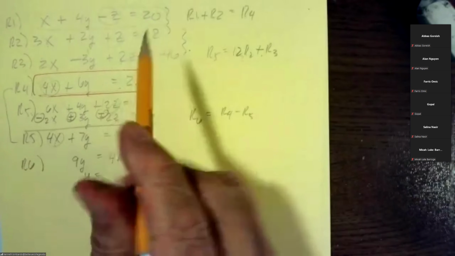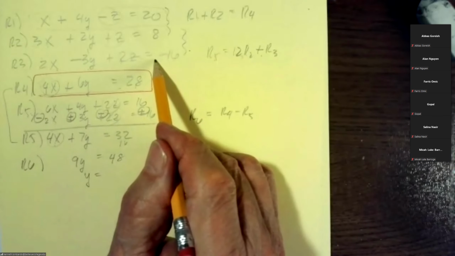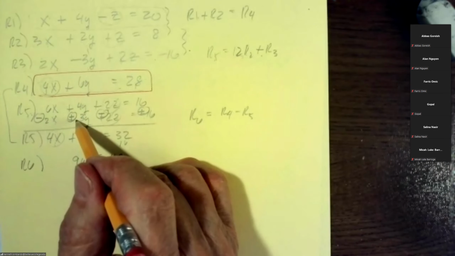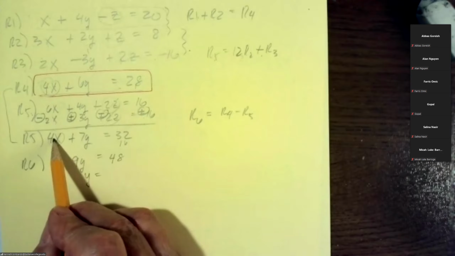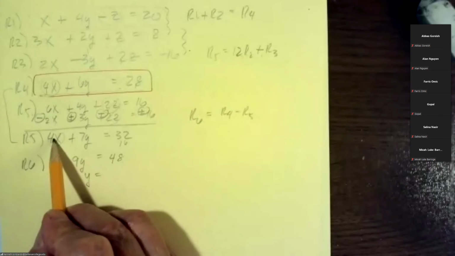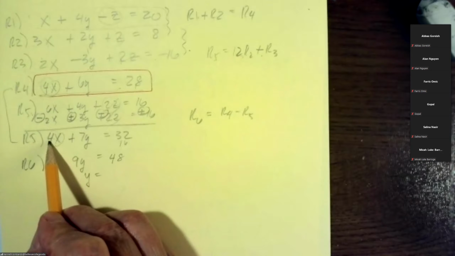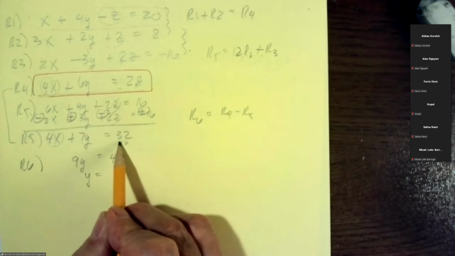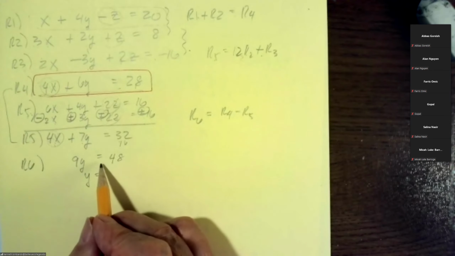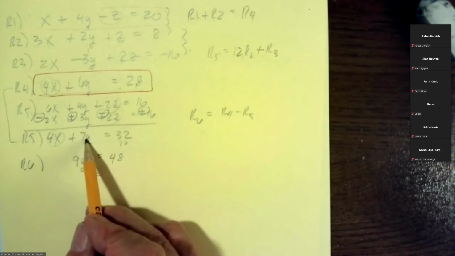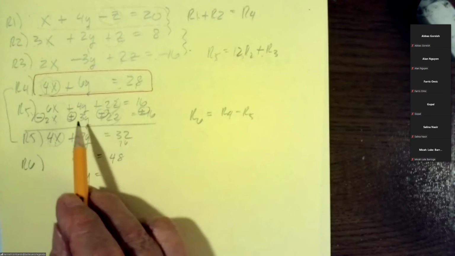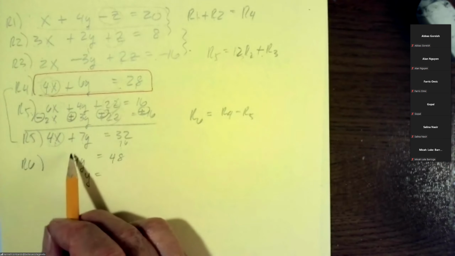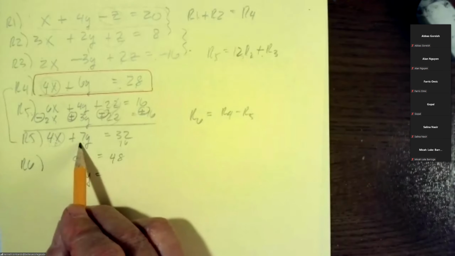And then if I take 2 and 3 and I want to eliminate the z, it looks like I get 4x, 7y, 32. Looks like I did something wrong. 4x minus 7y is 32.